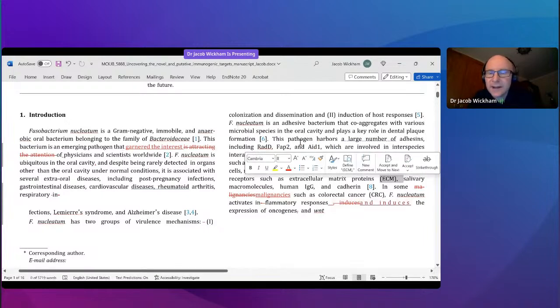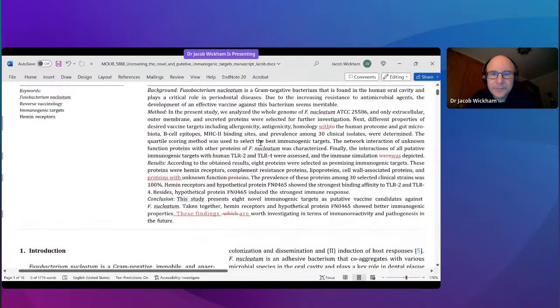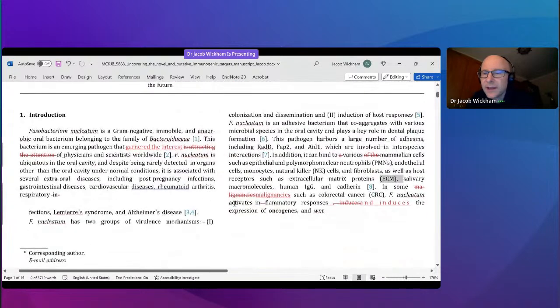They do define everything in the introduction. They should have done a better job defining these acronyms in the abstract, but that's okay. The reviewers may flag that and ask you to provide some more information.